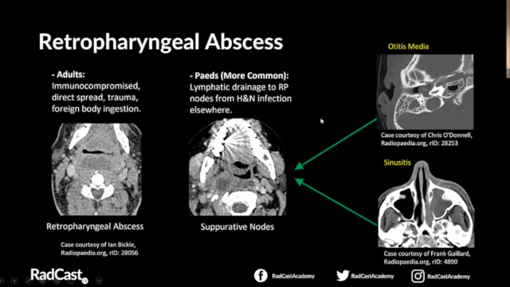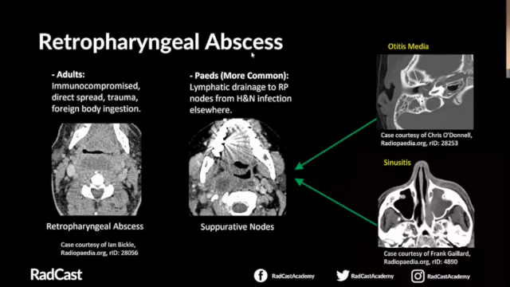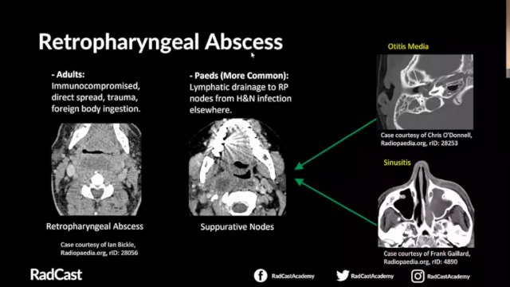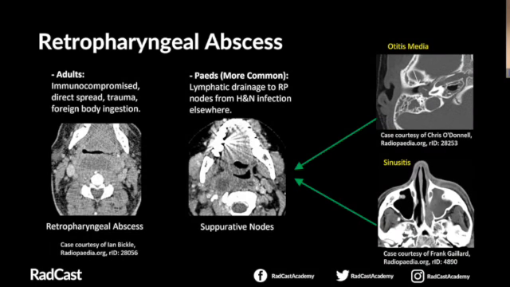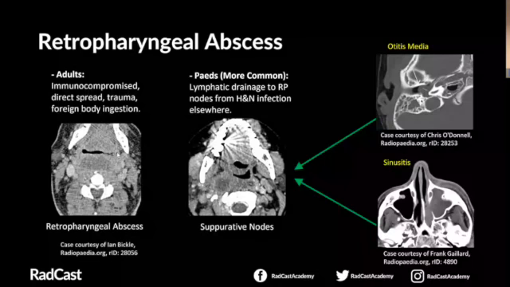On to the next kind of abscess, a retropharyngeal abscess. They're more common in peds, but starting with adults, because they're generally the classic retropharyngeal abscesses. These happen in patients who are immunocompromised and have other infections which then spread into the retropharyngeal space.